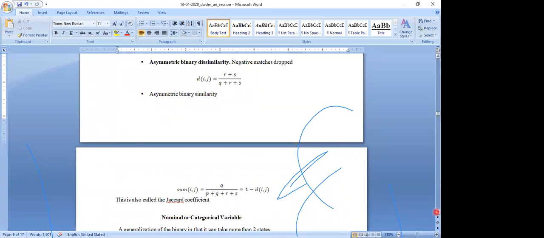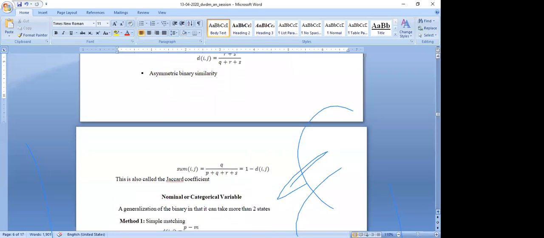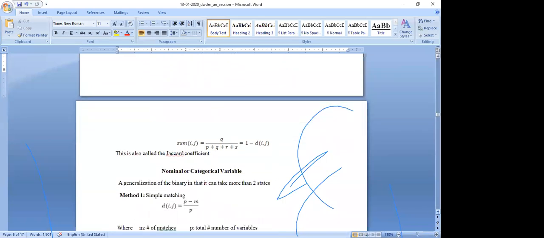For example, let's take the age of a person, divided into 3 groups: young age people, middle age people and old age people. So the categories or values are more than 2. So this comes under nominal or categorical variables.